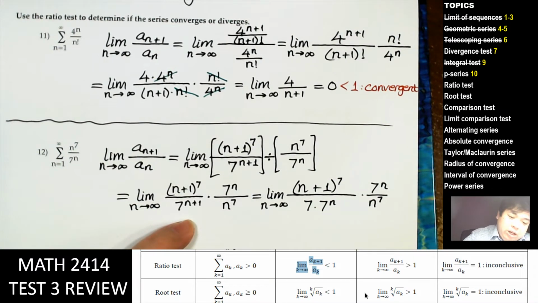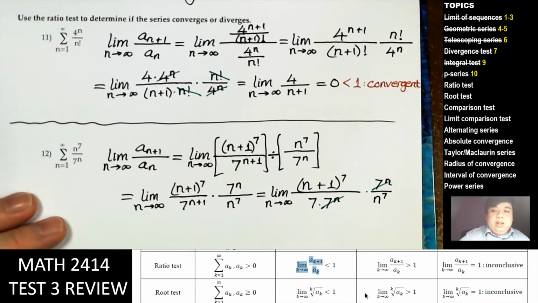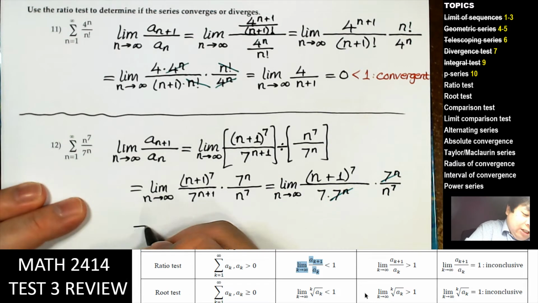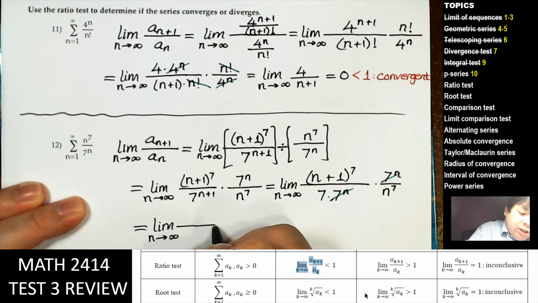What we can simplify is 7 to the n power. Cancel those out. So if n goes to infinity, n plus 1 to the 7, at the bottom we have 7 n to the 7 power.